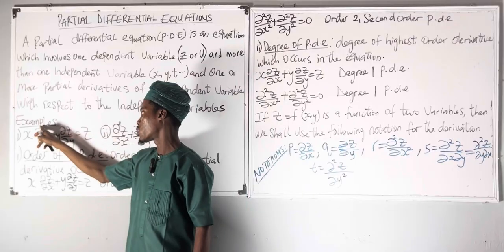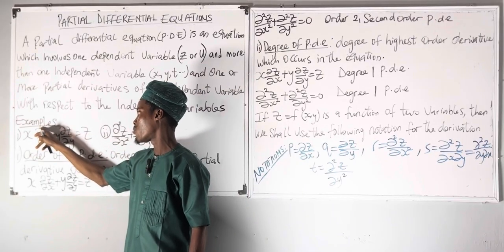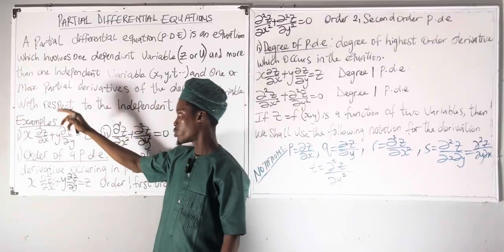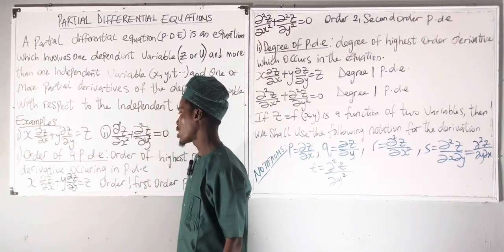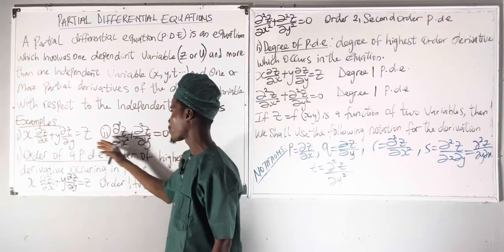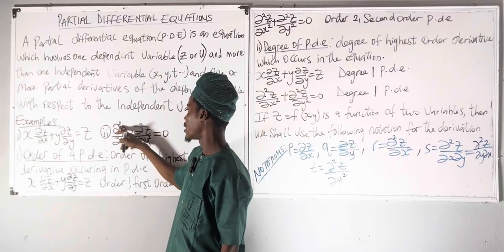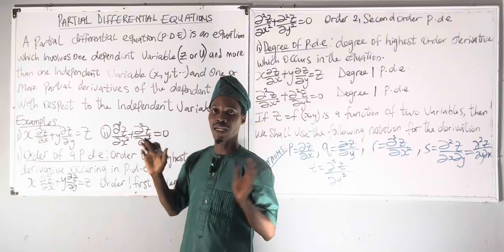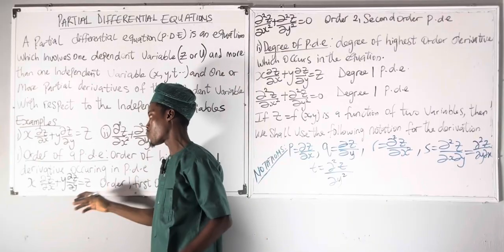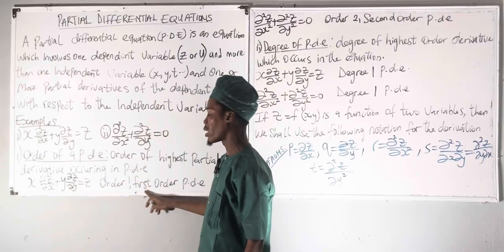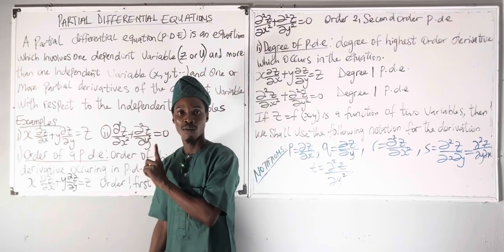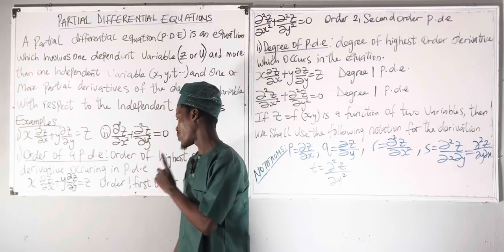In the first example the power of del is 1, so that's why we said the order is the highest power. Suppose we have 3 here and 2 here, it means the highest is 3, so the order is 3. But in this example, the order is 1. First order PDE, that is, first derivative of the partial differential equation.